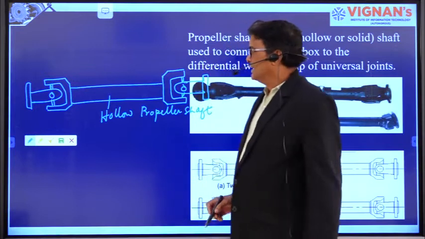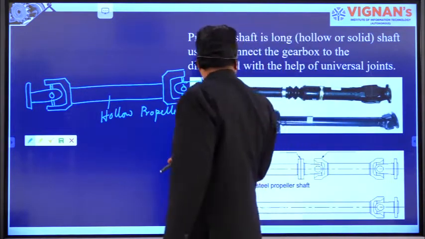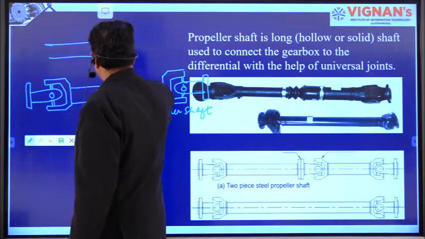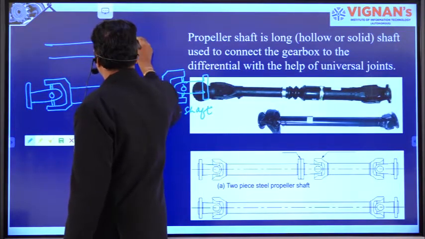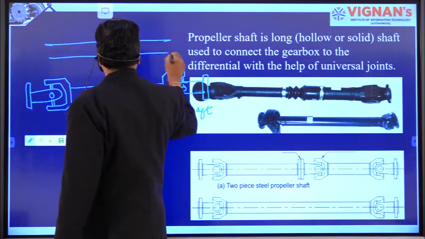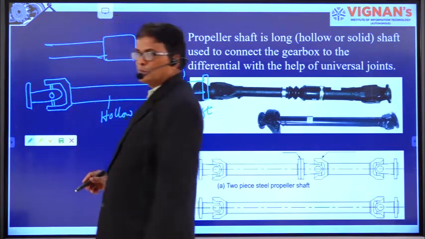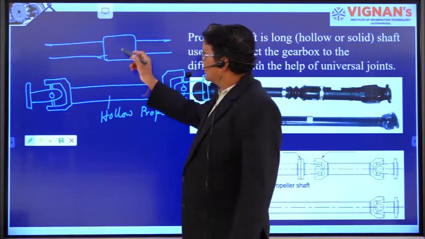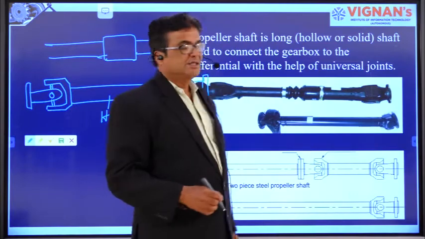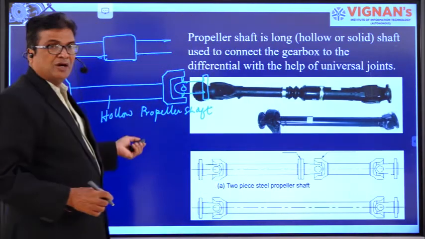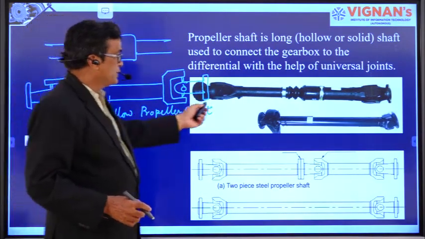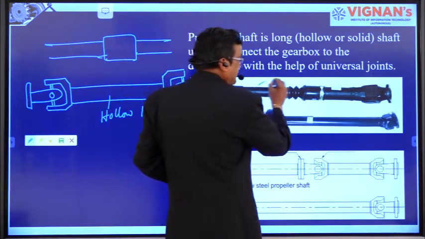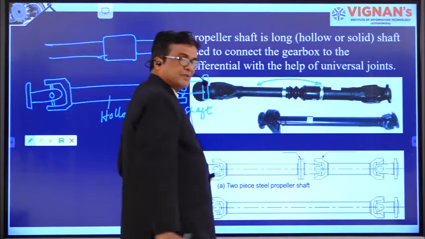Right? And the two-piece propeller shaft is almost similar to it, but here there is another joint connected between these two. This is the two-piece propeller shaft, right? Of course, the two-piece propeller shaft needs special care of maintenance, so that the two pieces will not ooze out, and there should be correct alignment between the two shafts, right?